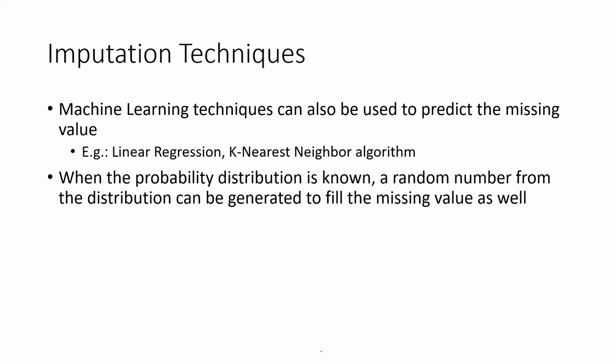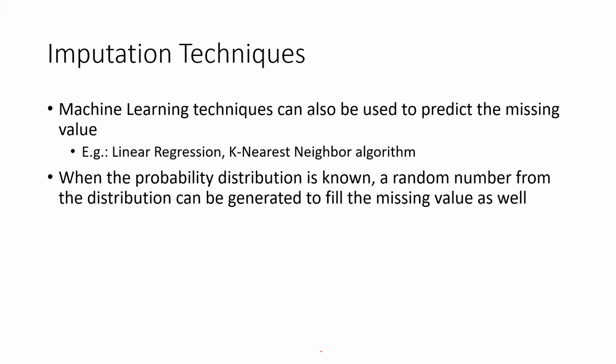And also you can use much more advanced ways of filling missing values. For example, you can do linear regression on the data set and predict the value that should be added in as the missing value.